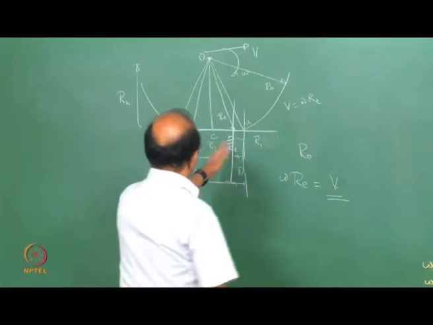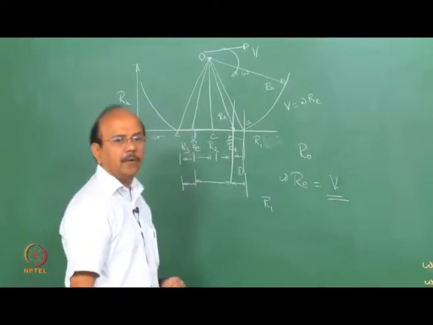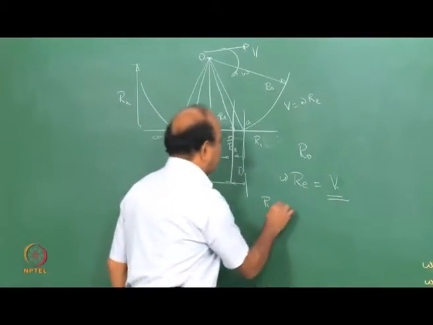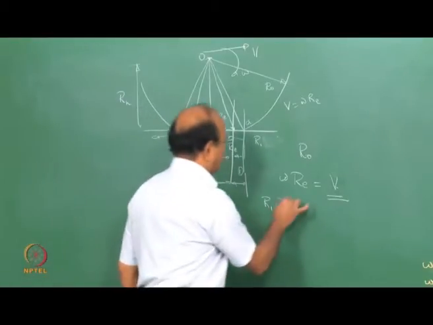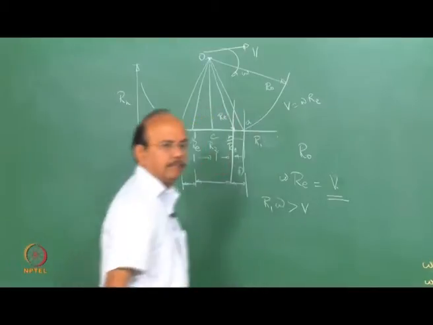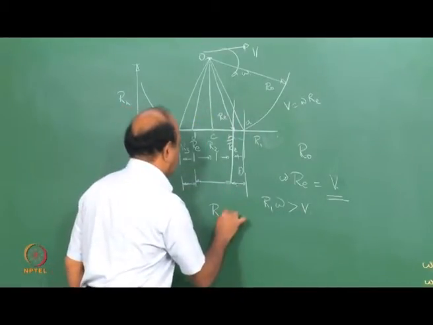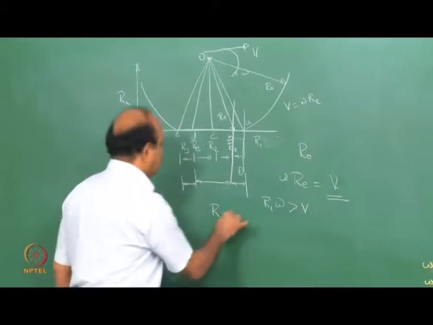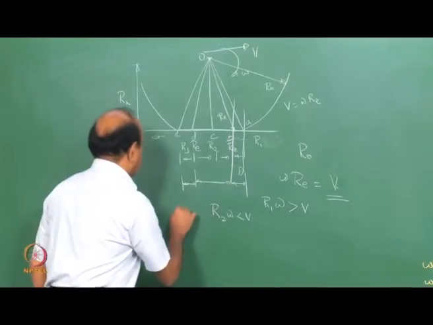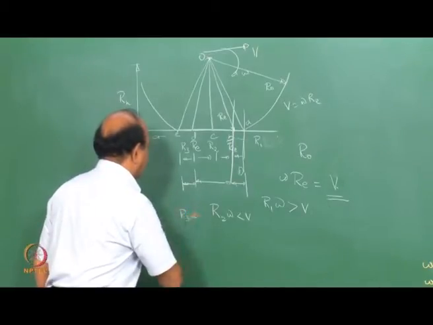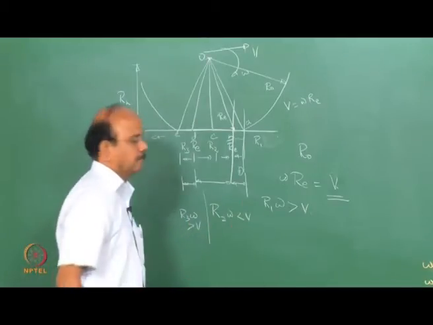So between A and B, R1 multiplied by omega is greater than v. In this region, R2 multiplied by omega is less than v, and in this region, R3 multiplied by omega is again greater than v.